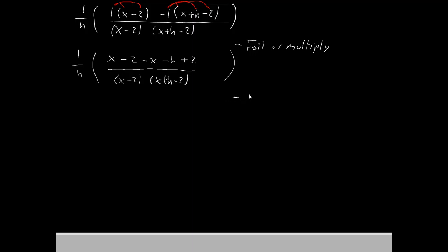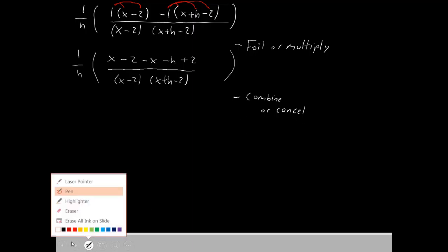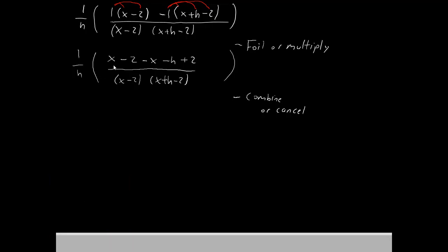Now that everything's outside of the parentheses, we can either combine like terms or hopefully cancel things out to make this look a little nicer. Well, you may notice that we have a positive x right here and a negative x right here. Those can cancel out. We also have negative 2 and positive 2. Those cancel out as well.